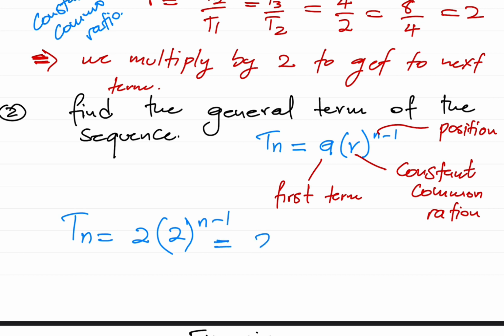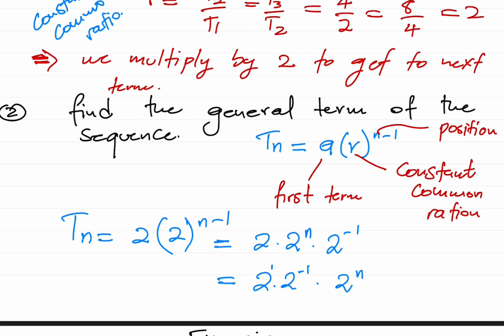It will be 2 times 2 to the power of n times 2 to the power of minus 1. Let me say 2 times 2 to the power of minus 1 first, times 2 to the power of n.